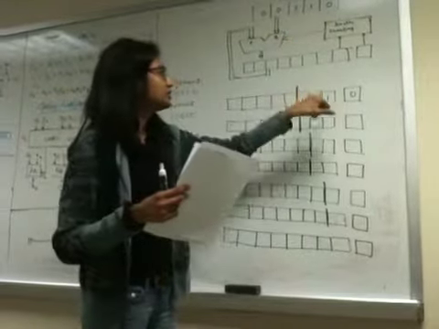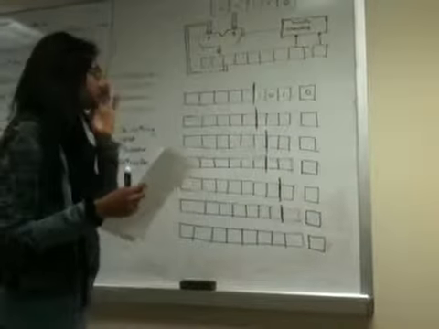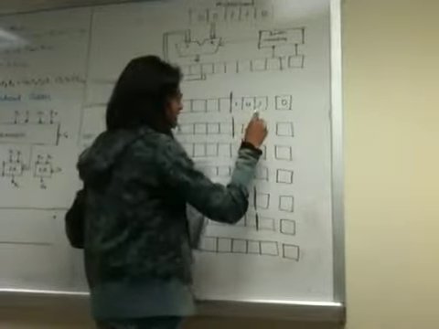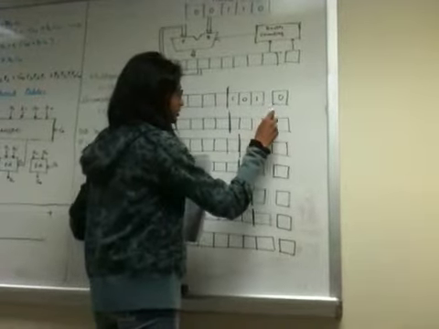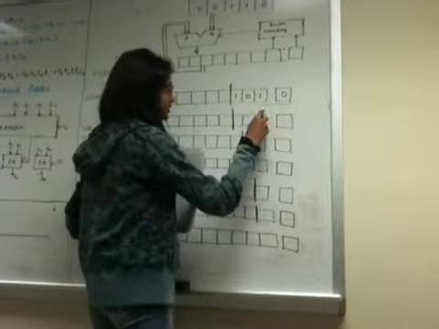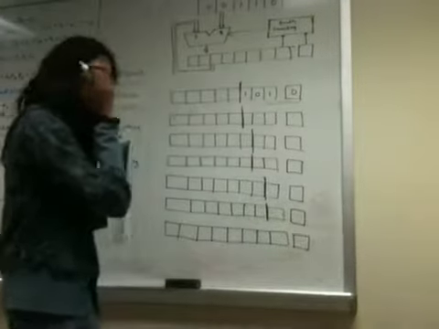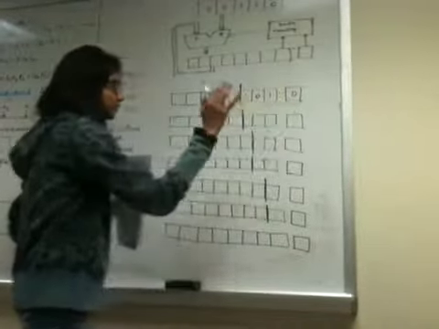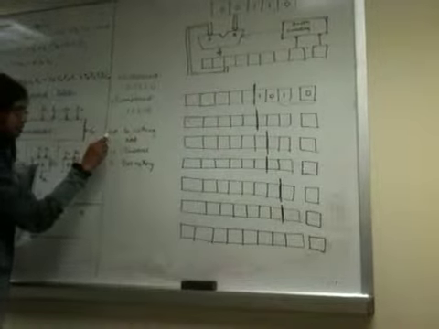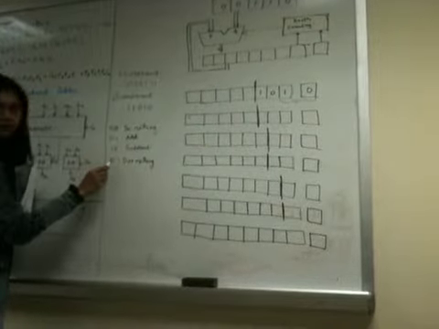Okay. So, essentially, what we do is, at every stage, we check for these last two bits. These last two bits will be one of four combinations: 0, 0, 0, 1, 1, 0, or 1, 1.